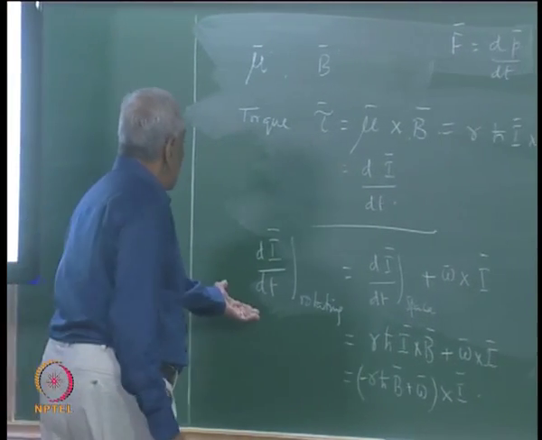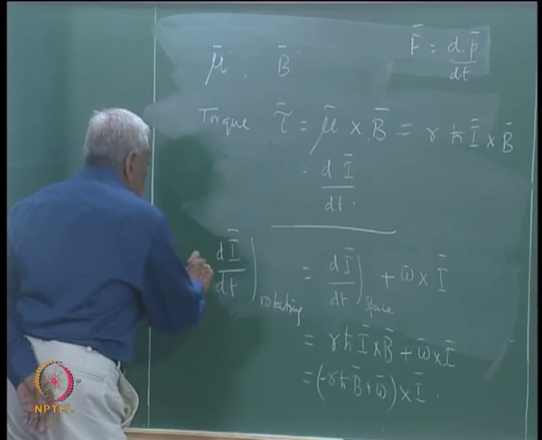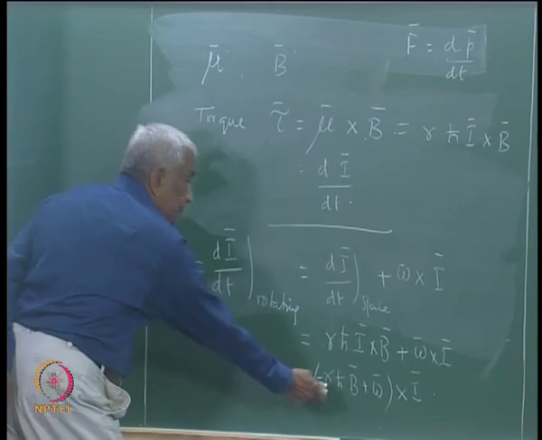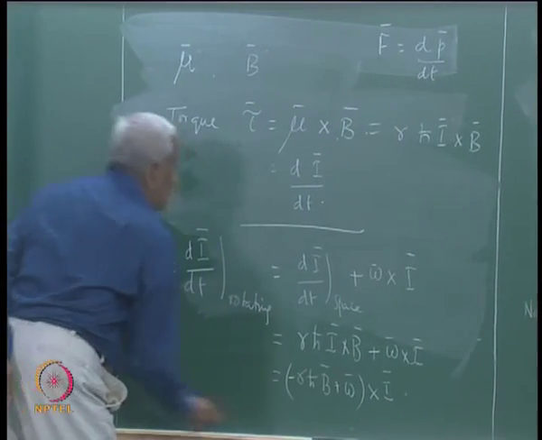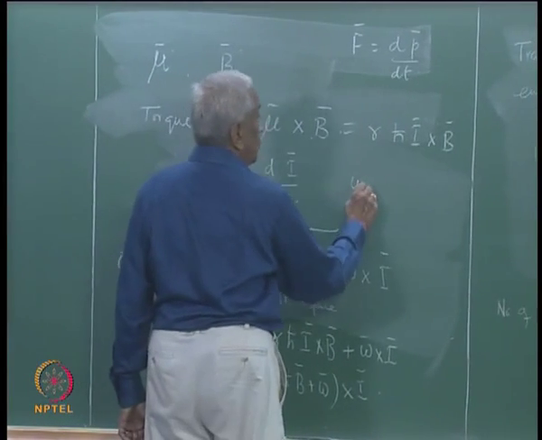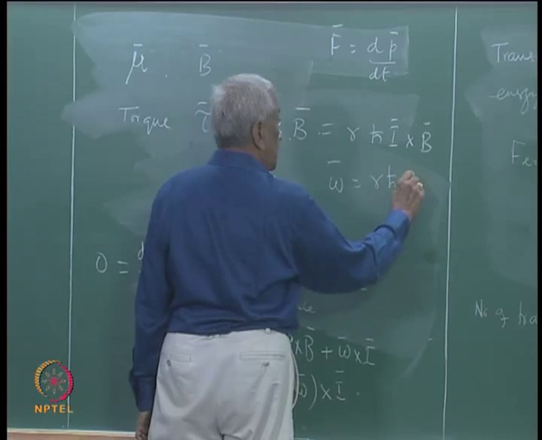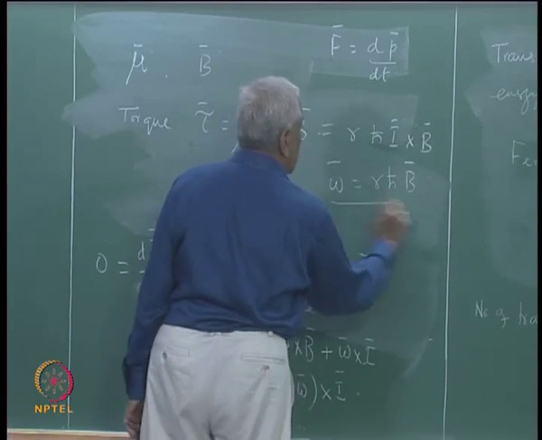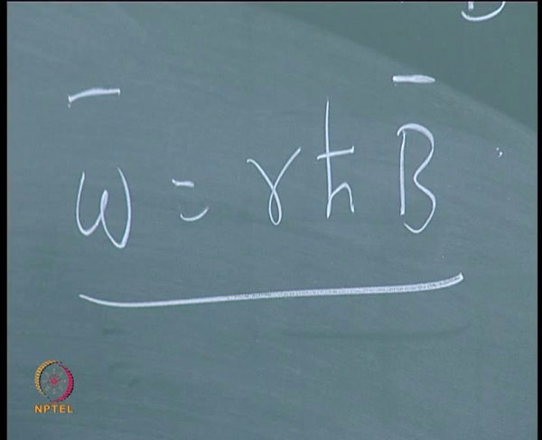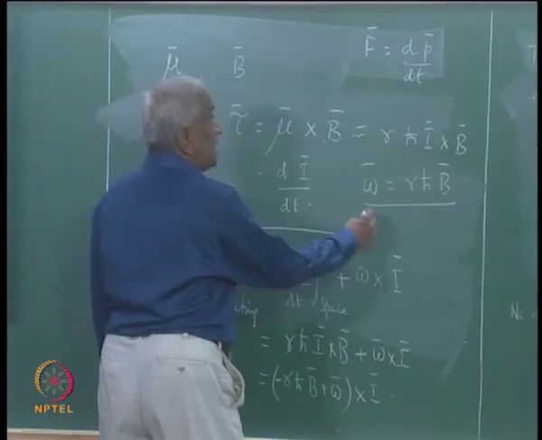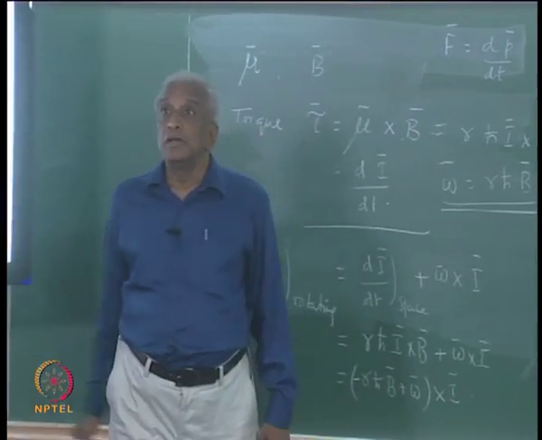So, this time rate of change will become 0 if the resonance condition, namely omega equal to gamma h cross B, is satisfied. So, this is again the resonance condition.